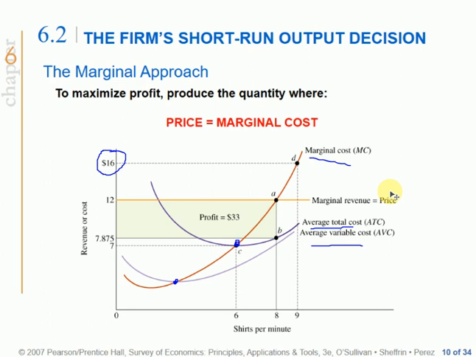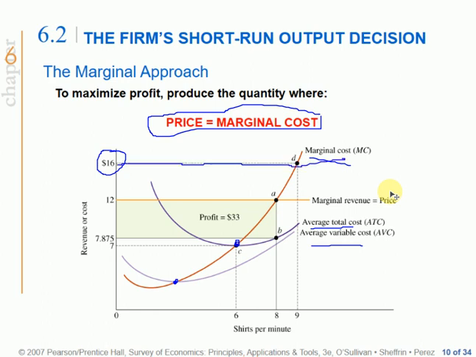We should always apply the rule that to maximize its profit, the firm produces the quantity where the price is equal to the marginal cost. This is the marginal cost curve. This is the price line. The price line is a horizontal line because the firm is a price taker.